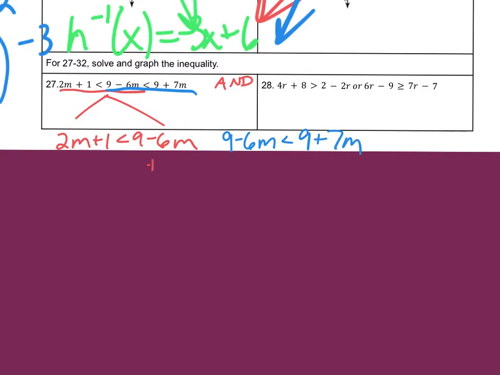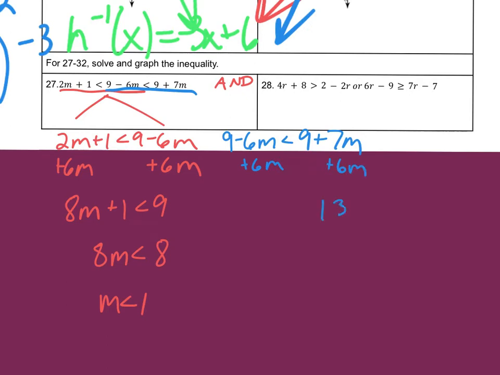So get the smaller variable over to this side, gives me 8m plus 1 is less than 9. 8m is less than 8 when I subtract that 1 over, which m is less than 1 when I divide by 8. And then add the 6m for this one. That's going to give me 13m. Subtract the 9.